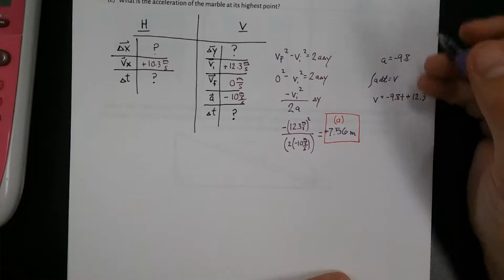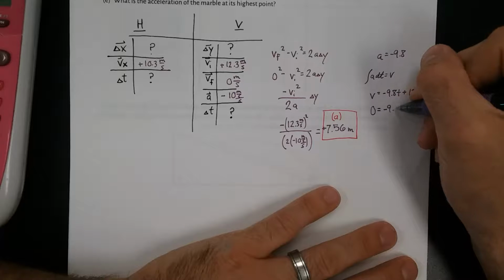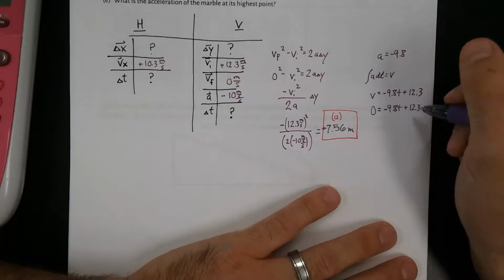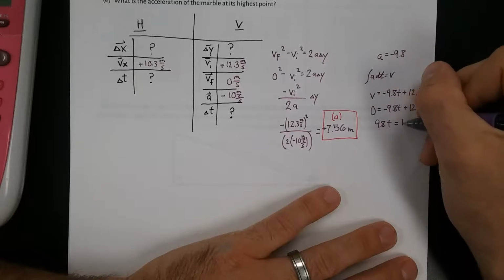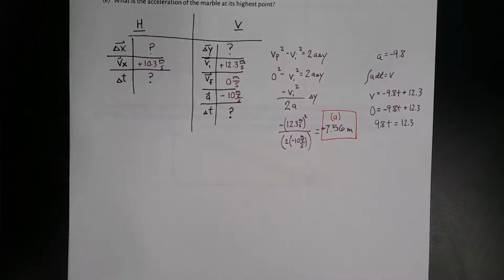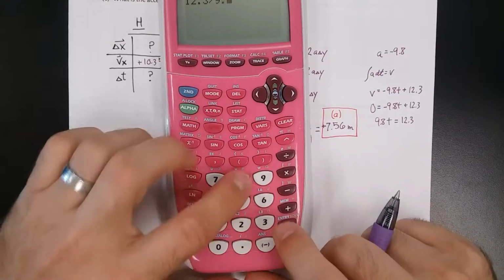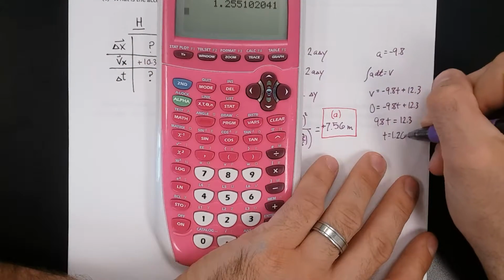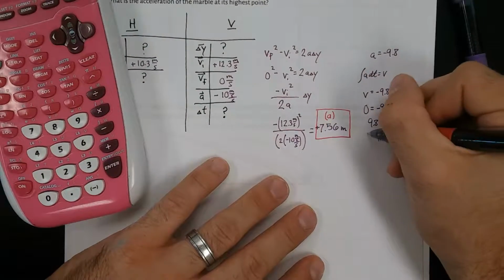And you could plug in, hey, I'm doing it right now, 0 equals negative 9.8t plus 12.3. Bring that over: 9.8t equals 12.3. And I get t is equal to 1.26. That's the answer for B.